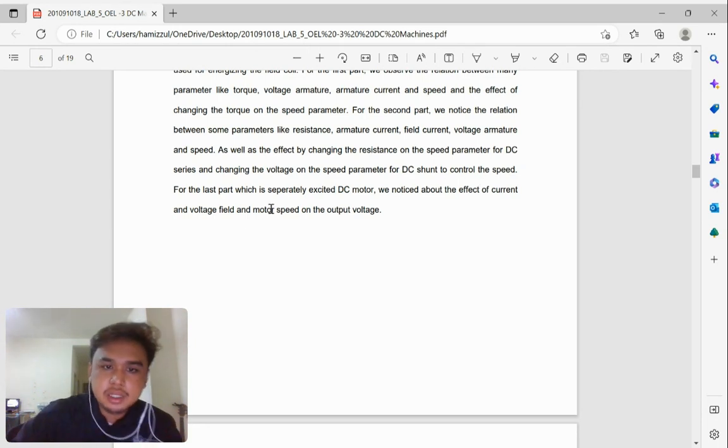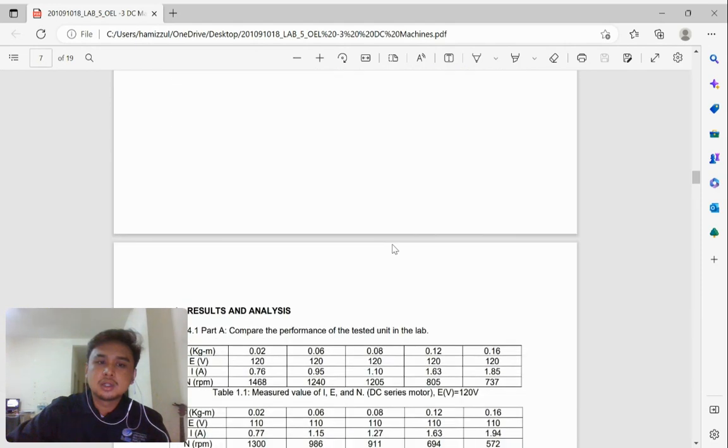And the last part, the separately excited DC motor, we look at the effect of field current and voltage and motor speed on the output voltage.